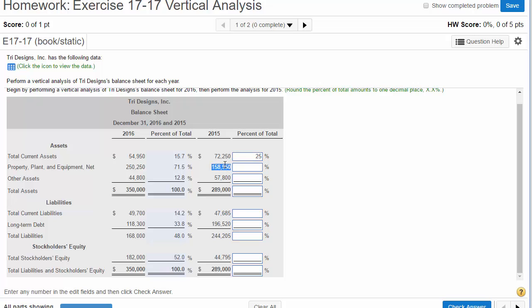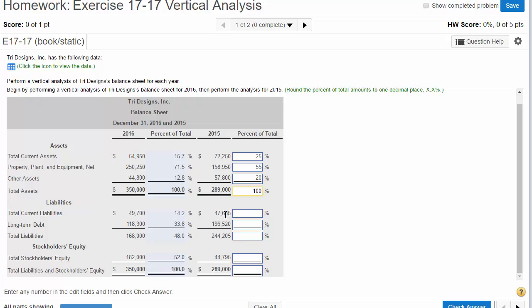For property, plant, and equipment, 158,950 divided by 289,000 gives us 55%. For other assets, 57,800 divided by 289,000 gives us 20%. And technically, 289,000 divided by 289,000 gives you 100%.